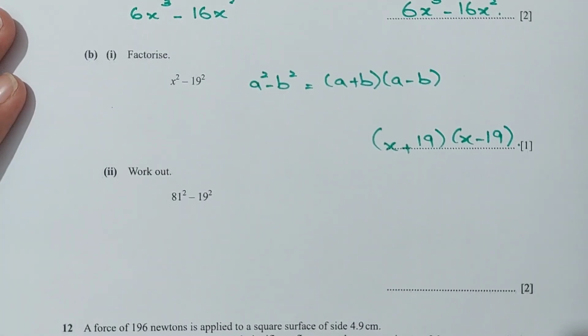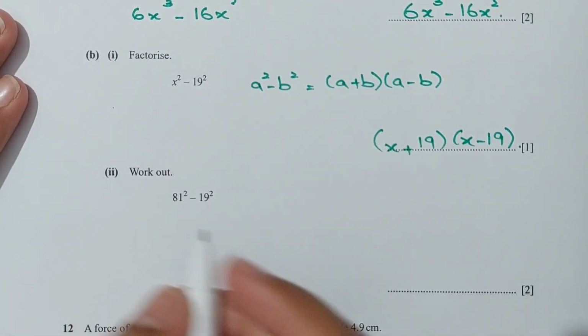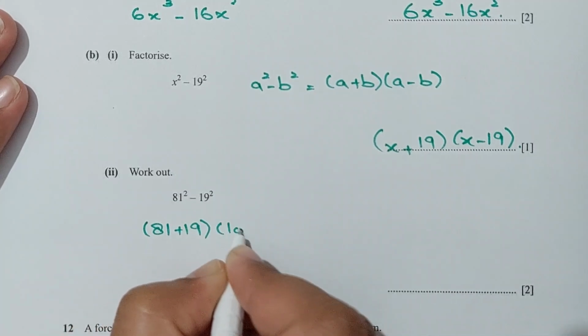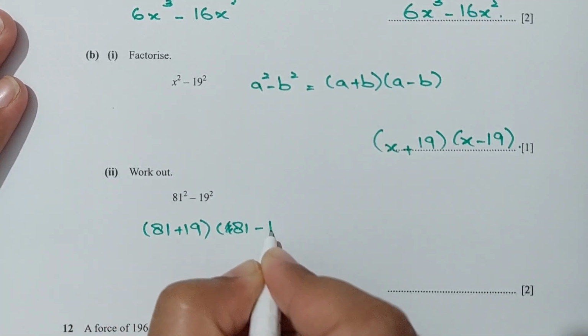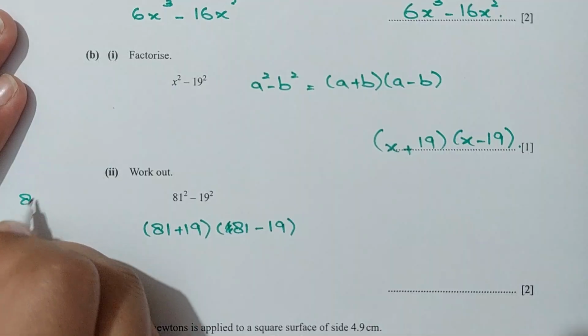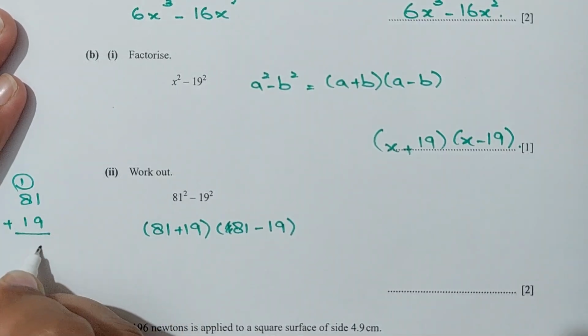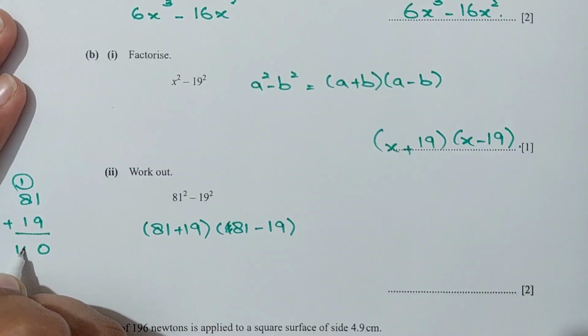Second part, we have to work out 81 square minus 19 square. Again, difference of squares formula: 81 plus 19 into 81 minus 19. In 81, if we add 19, so 9 plus 1 is 10, 8 and 1 is 9, so it is 100.